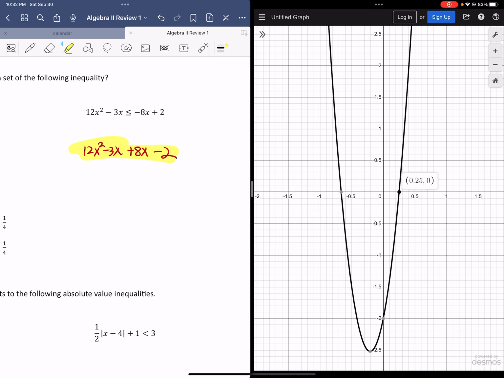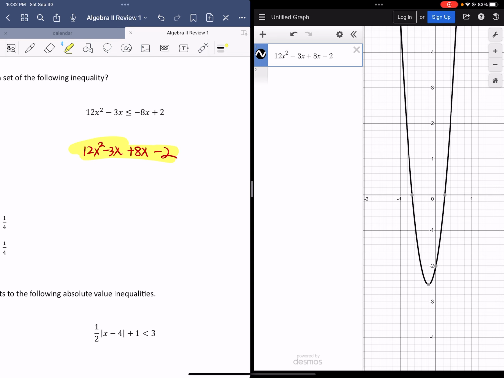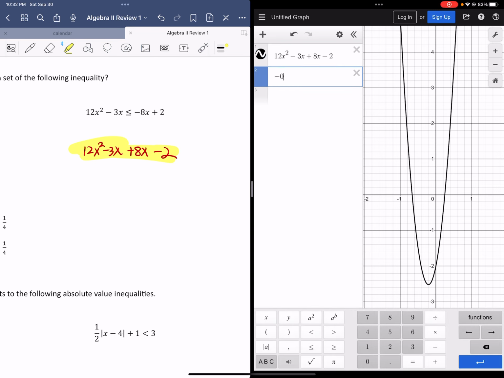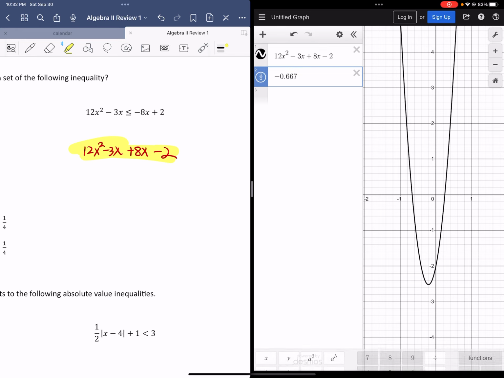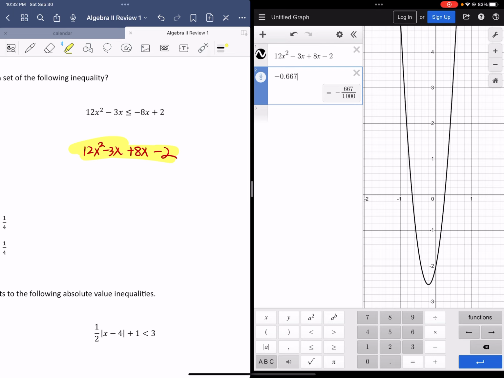And as you can see, we have these two x-intercepts, 0.25 and negative 0.667. If you change it to a fraction, it's going to be this ugly. So you remember how to change it to a proper fraction. You delete the 7 and keep pressing 6 until you get a nicer one, negative 2/3.